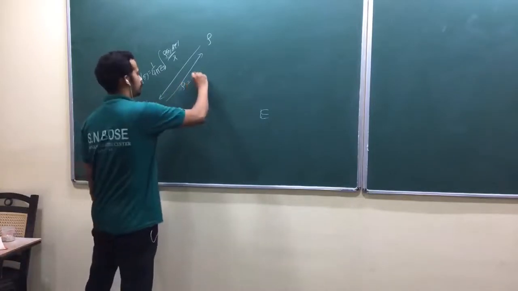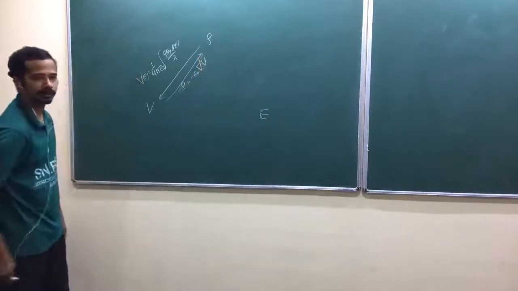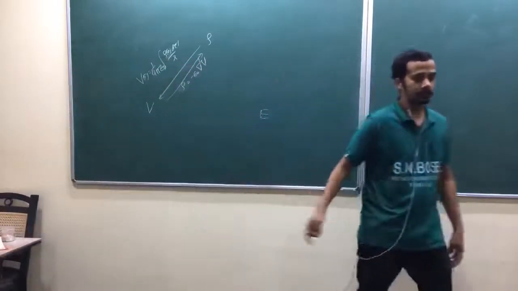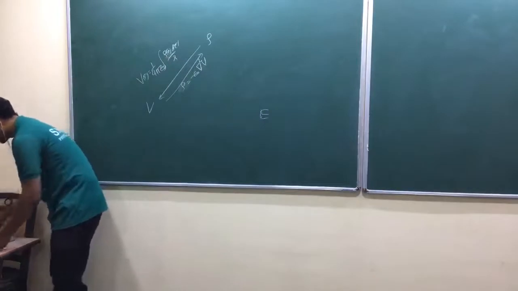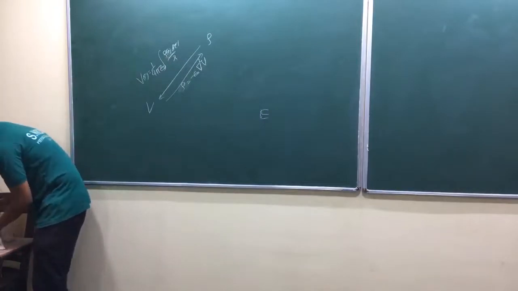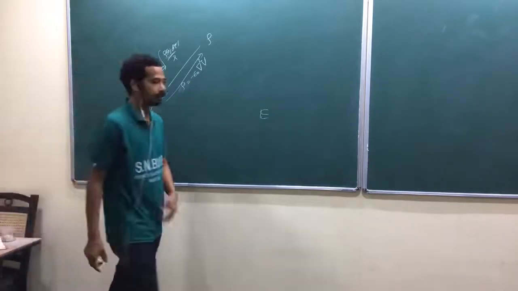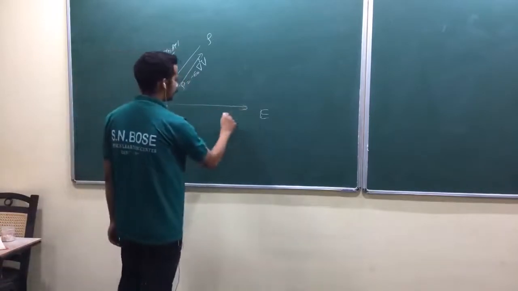Rho is equal to minus epsilon naught del square V. Don't forget. By giving the potential, he may ask what is rho, that was the problem he asked somewhere, potential is given, problem 2.50. Do that one.